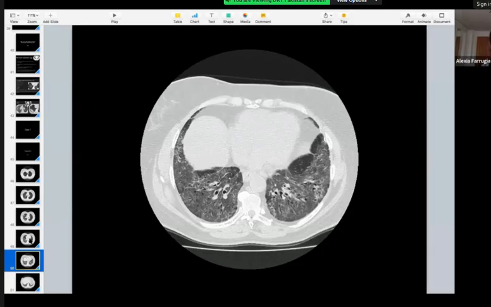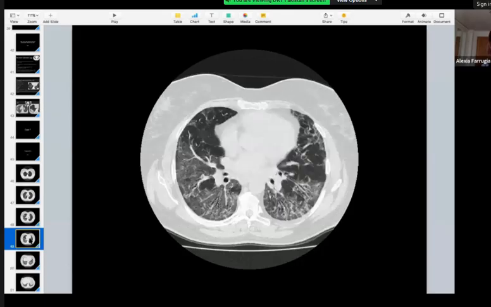Mm-hmm. What do you feel is the predominant pattern when you look at these lungs? I think the more predominantly ground glass opacification. That's correct.